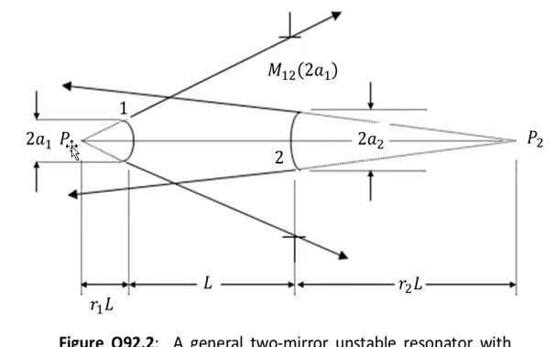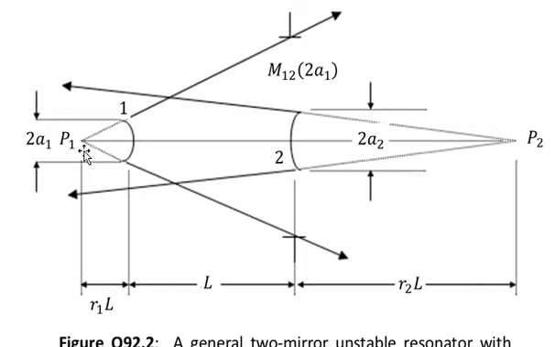The mirror 1 has a dimension of 2a1 along the transverse direction, and the mirror 2 has a dimension of 2a2 along the transverse direction. That is, the radius along the transverse direction for the mirror 1 is a1, and for the mirror 2 is a2.